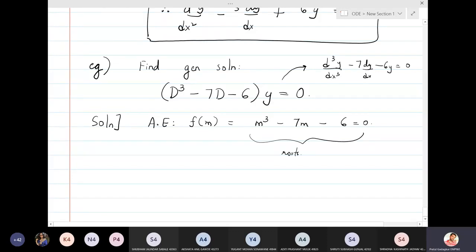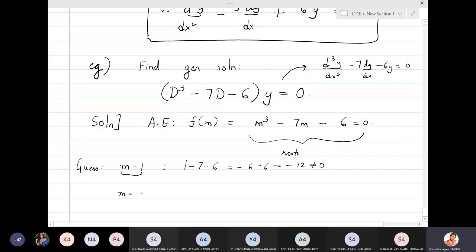If I just try to guess the root, if I put m equal to 1, I'm going to get 1 minus 7 minus 6, which is minus 6 minus 6, pretty close. Minus 6 and minus 6 is not equal to 0, it's minus 12. So this is obviously a bad guess, it's not a root.